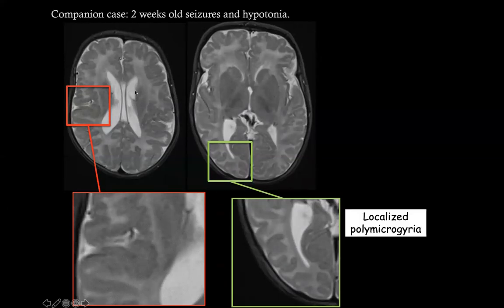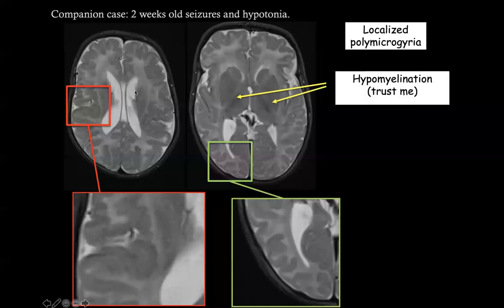Putting all together, this is typical of Zellweger syndrome. So when you see isolated polymicrogyria in the context of hypotonia, look at the posterior limbs of the internal capsule, because this can be hypomyelinated, and also look at the ventricles for the presence of small cysts.